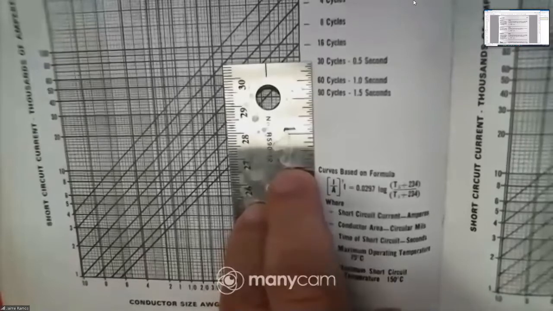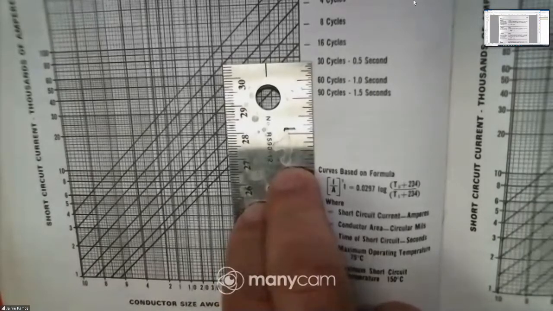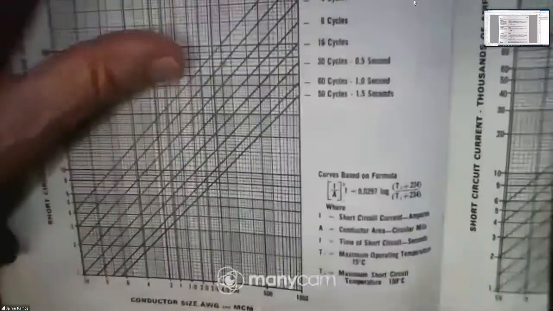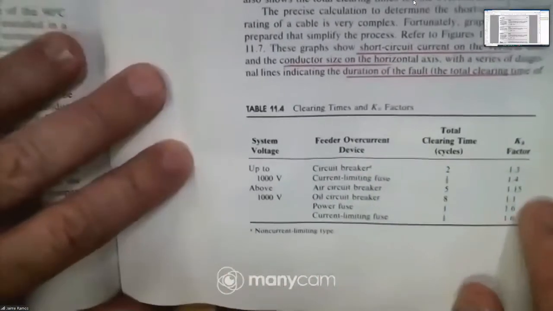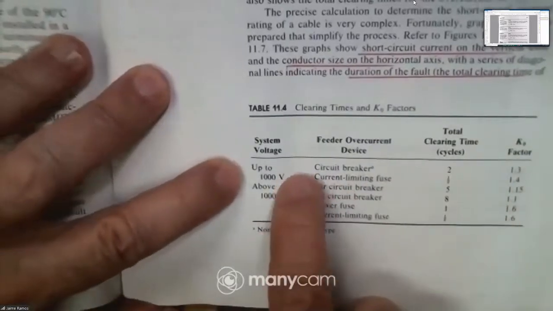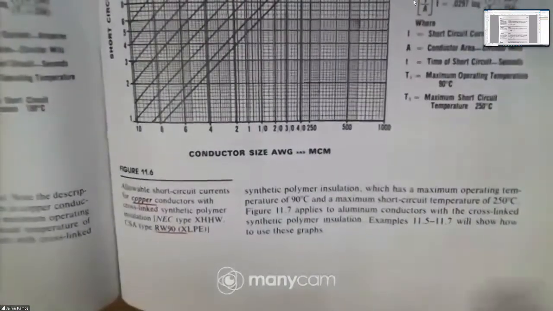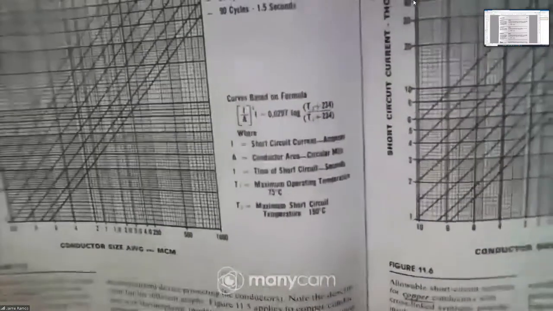That depends on the circuit breaker, which in this case, let's see here, 1.3 is a circuit breaker. So that's this example.